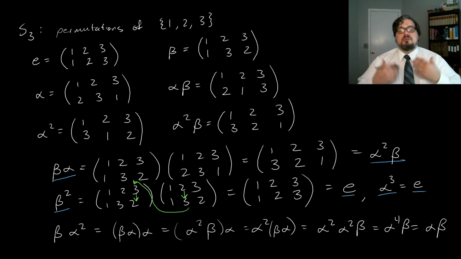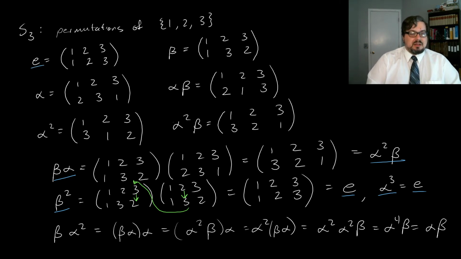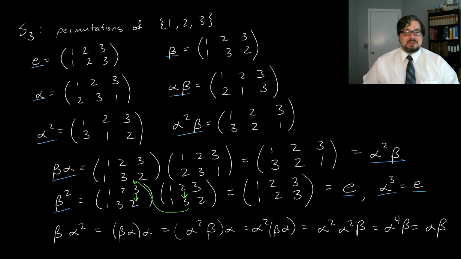So the permutation groups tend to have lots of relations like this that allow you to simplify equations and write everything in terms of a simple set of standard expressions such as these ones. So we see here that there are 6 elements of S3.